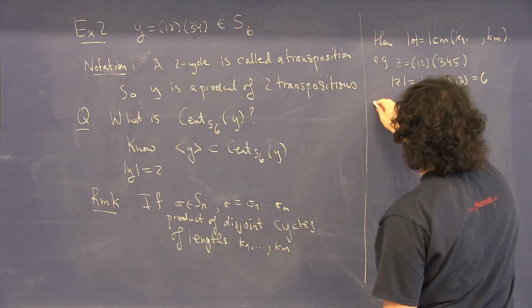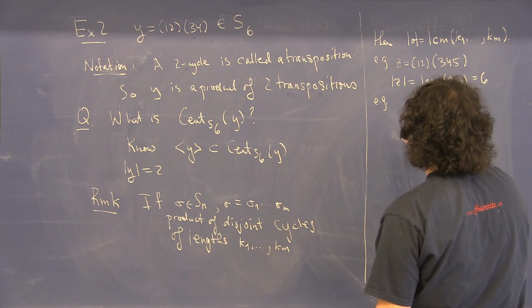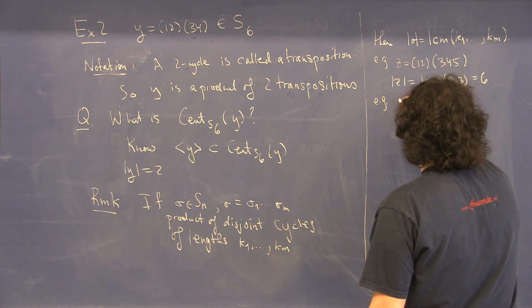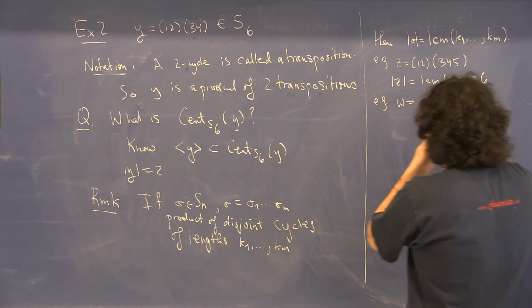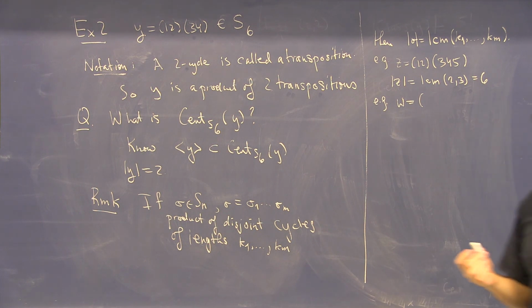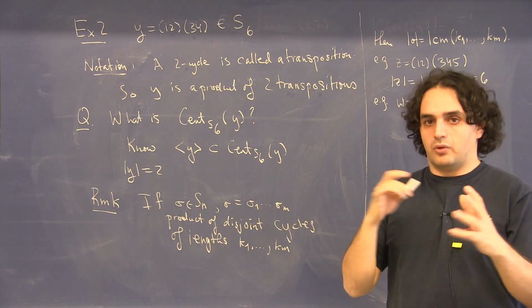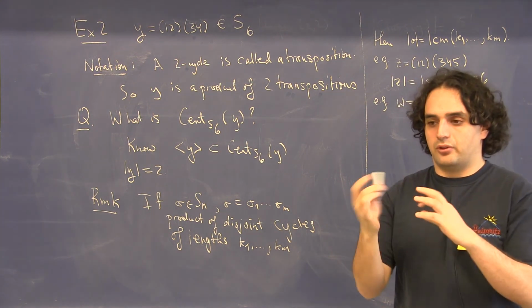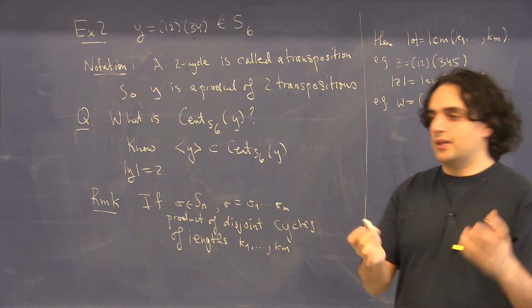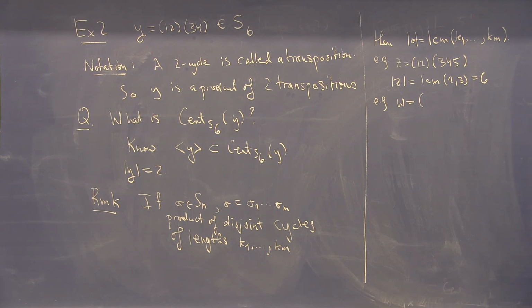But we can do a more complicated example, which would be to take W. If I want a more complicated example, I should think of two numbers where it's a bit more complicated to think of their least common multiple. The simplest example is 4 and 6, whose least common multiple is 12.